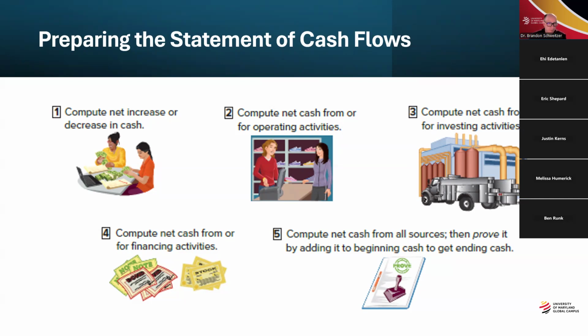Then we do the same thing for investing activities, and then financing activities. And then we compute the net cash flow from all of these sources, and then we prove that by adding it to the beginning cash balance to get the ending cash balance. That's the overall process that we follow to develop the statement of cash flows.